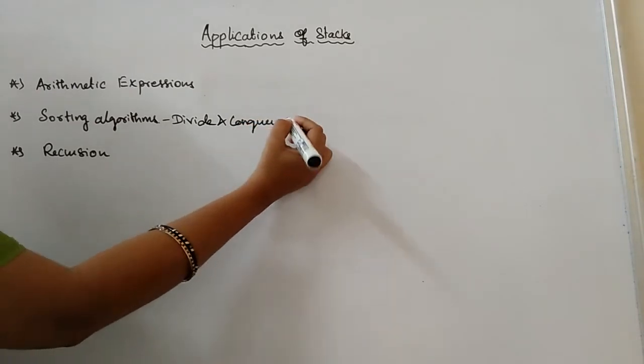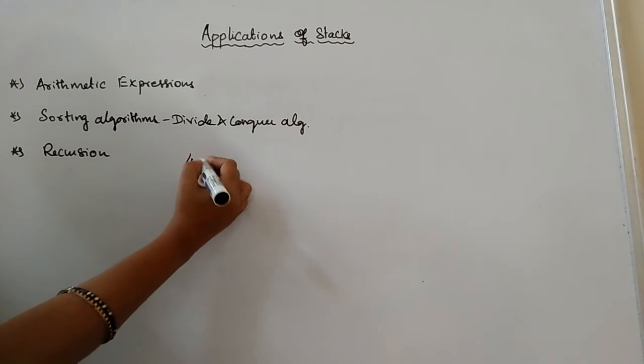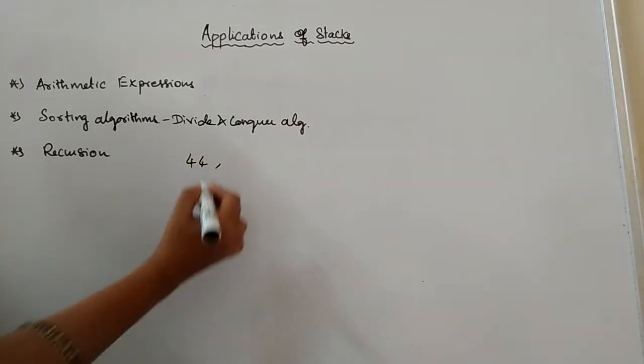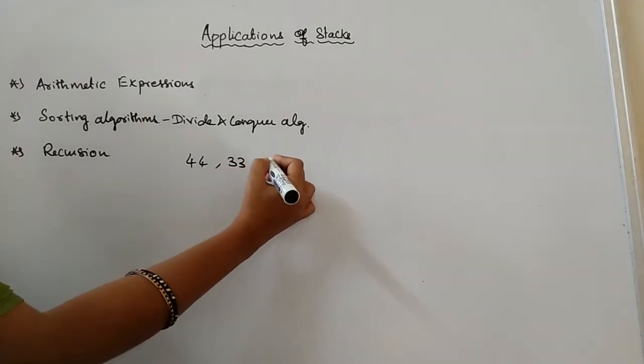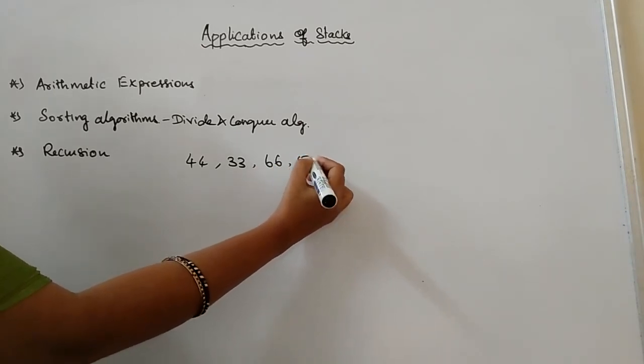A divide and conquer type of algorithm for sorting your elements will make use of stacks. What is meant by divide and conquer? Just for an example, I am going to take 4 elements: 44, then 33, then 66, then 55.